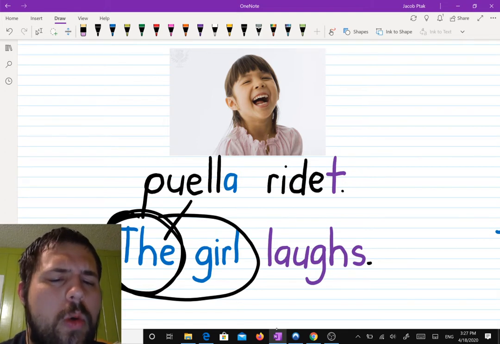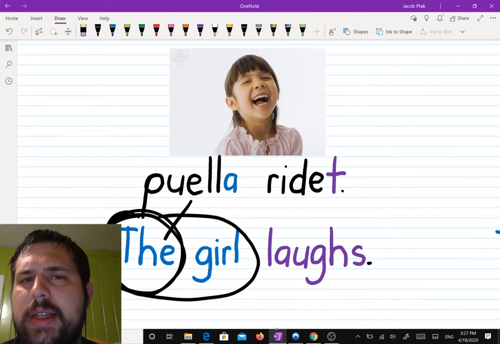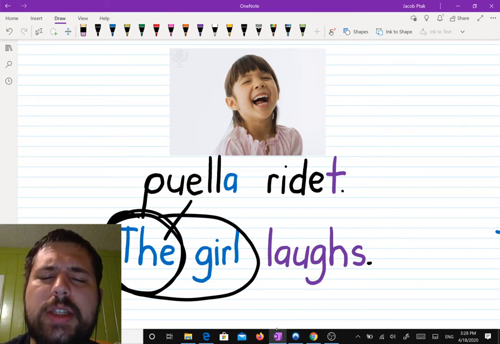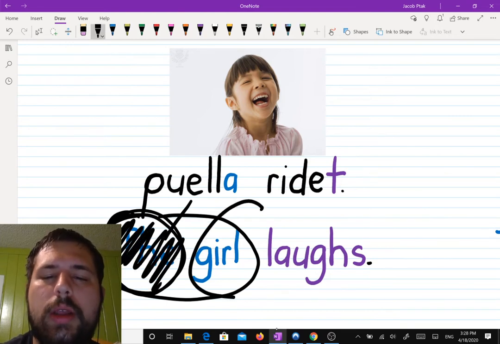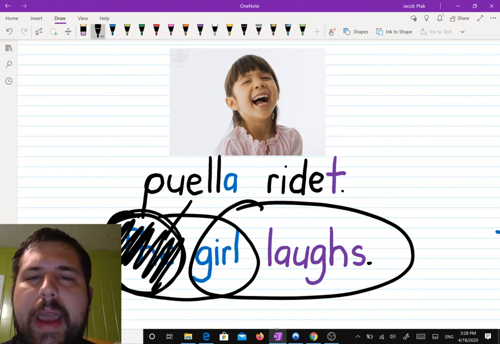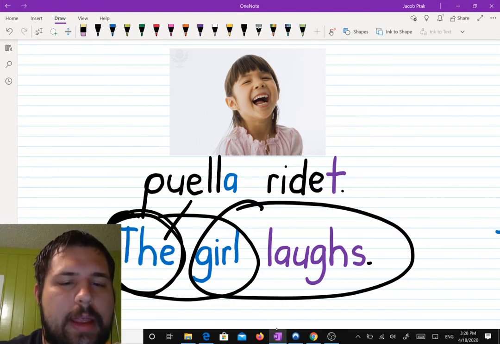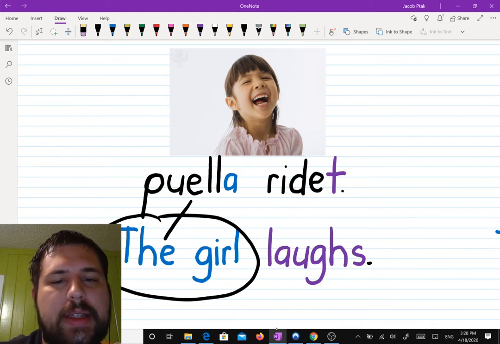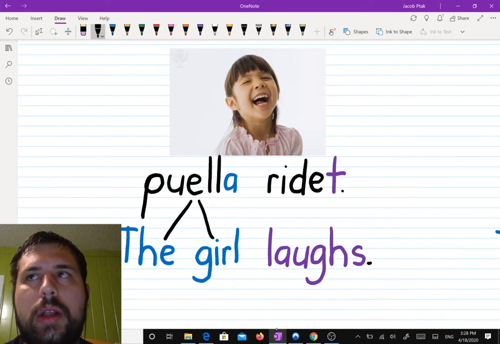So we have to put it back to make a good English sentence. Because if I had just said girl laughs, that sounds bad to me. That's not a very good English sentence. So in order to make my English sentence sound nice, I take the and put it back into the sentence. Puella ridet. The girl laughs.